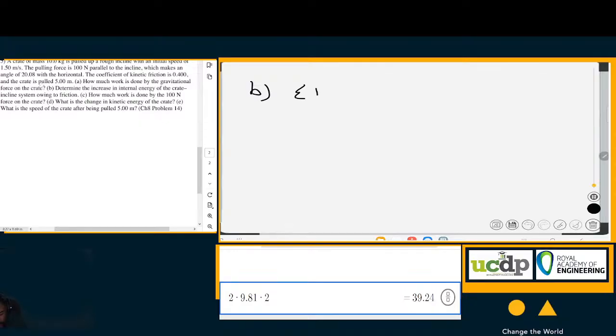So the sum of the forces in the y direction is equal to the mass times the acceleration in the y direction. The forces in the y direction are the normal force minus that cosine. I just want to make sure. Yes, it's the cosine.